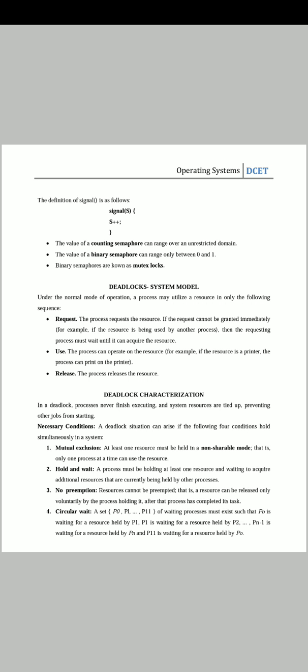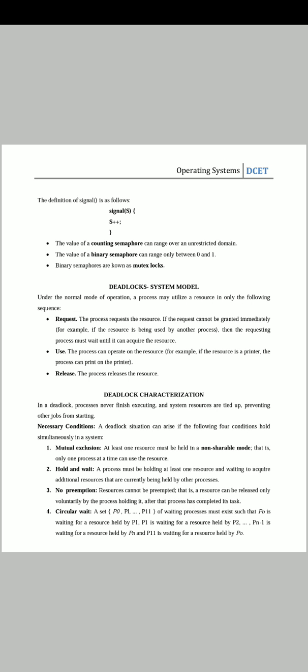Now, how do I say that there is a deadlock in my system? For any operating system, the system should satisfy some conditions. Those are called necessary conditions. If it satisfies these conditions, then I say that the system is in a deadlock state.